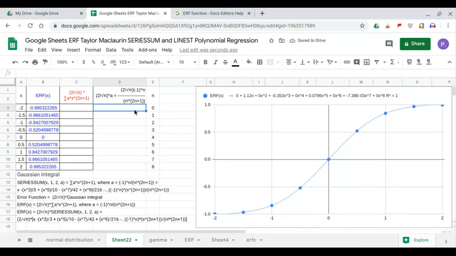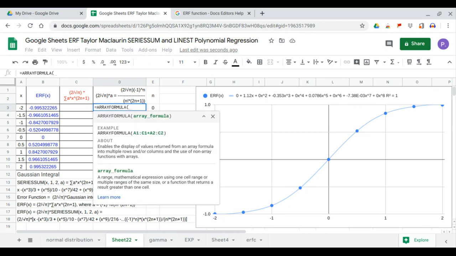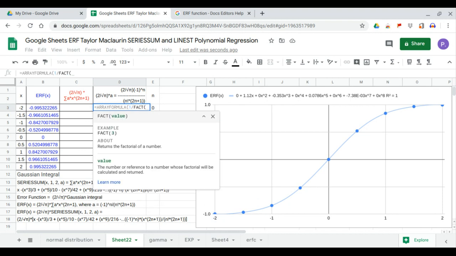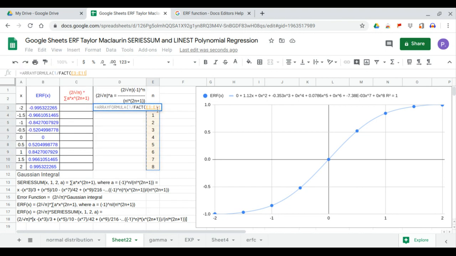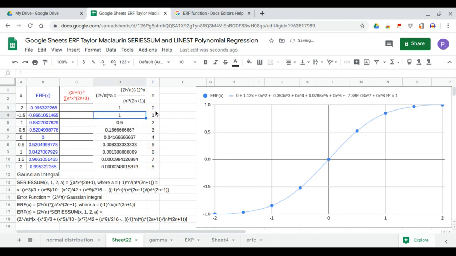You begin with the coefficient, so we use a formula. Let's start with the denominator, that is factorial of n. So that's the first part of the denominator.